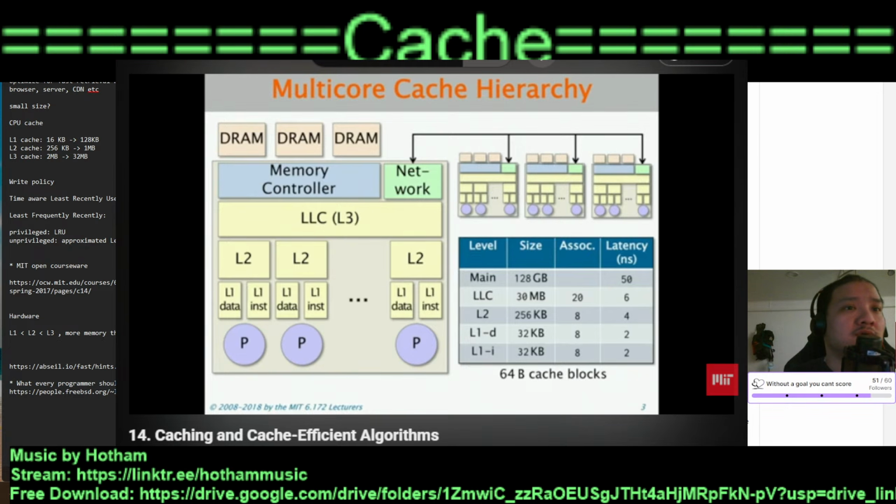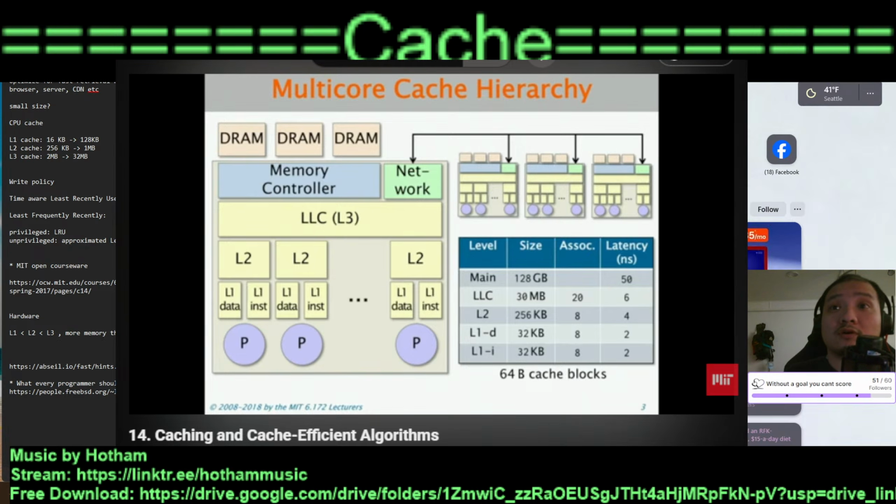Right. L1, L2, L3 cache. Which one is closer to CPU or program?